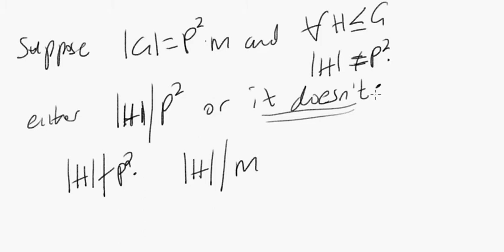Okay. What if the order of h divides p squared? So what? Doesn't that mean that the order of h... Ooh, wait a second. If the order of h divides p squared, then the order of h must be of the form p, well, unless h is the identity.